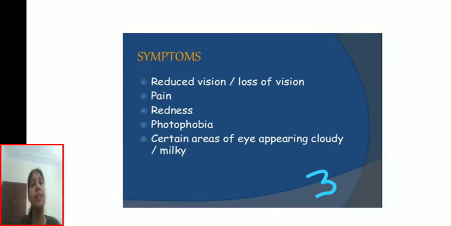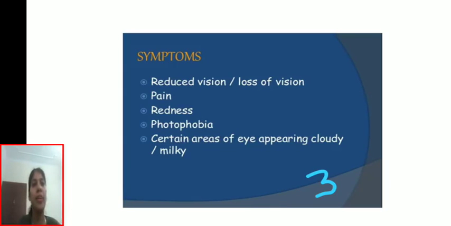The second point is pain due to the presence of the ulcer, which causes the inflammation signs. Number one is pain. Second is redness and photophobia due to watering of the eyes and the opacity present on the front of the cornea, which causes the photophobia.